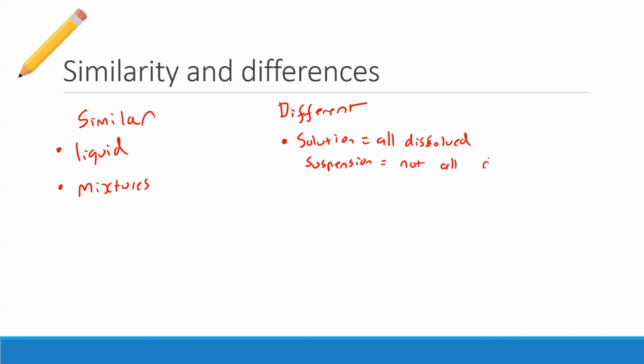That's one of the big differences, it's not all dissolved. The other big difference is that solution is, would you guys prefer the word see-through or transparent?